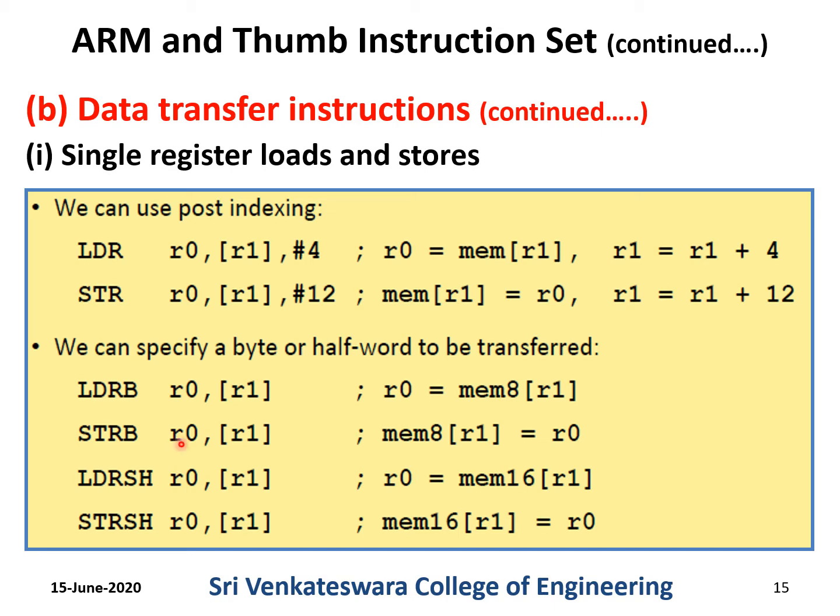The LDRSH instruction will load 16 bits into the register R0 from the memory location pointed by R1. Similarly, STRSH will store the least significant 16 bits of the register R0 into the memory location pointed by R1.